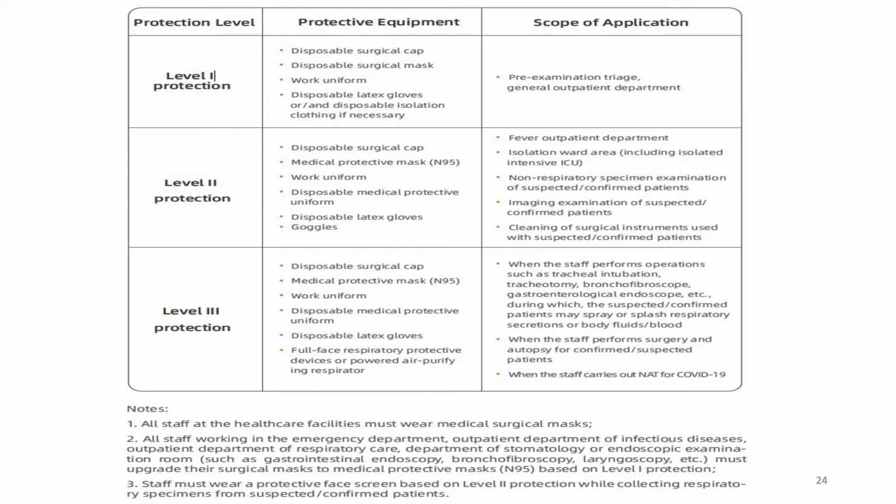The scope of application for Level 3 protection is when the staff performs operations such as tracheal intubation, tracheostomy, bronchofibroscopy, gastroenterological endoscopy, etc., during which the suspected stroke confirmed patients may spray or splash respiratory secretions or body fluid stroke blood. The other scope of application of Level 3 protection is when the staff performs surgery and autopsy for confirmed stroke suspected patients and when the staff carry out NAT for COVID-19.